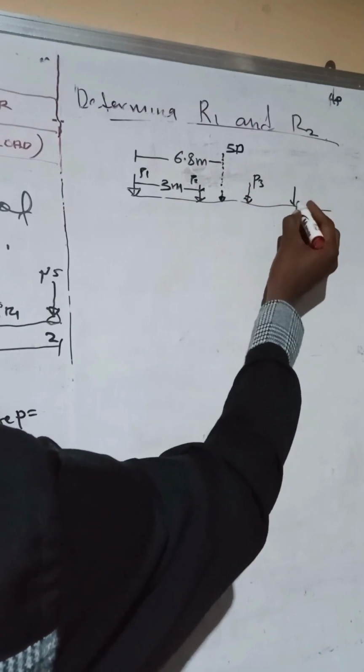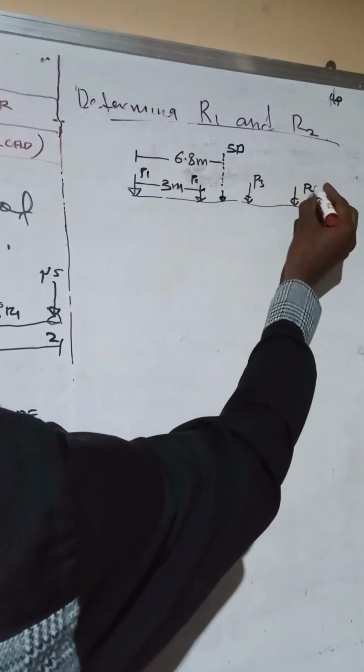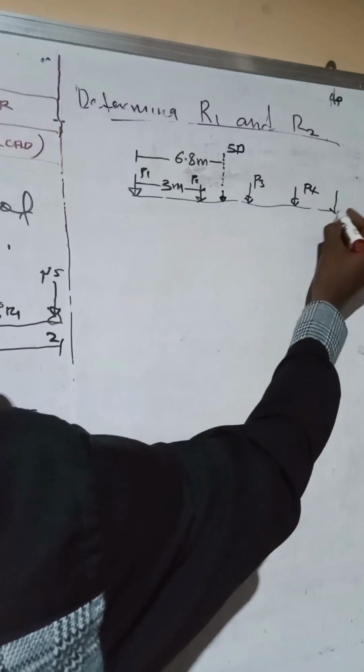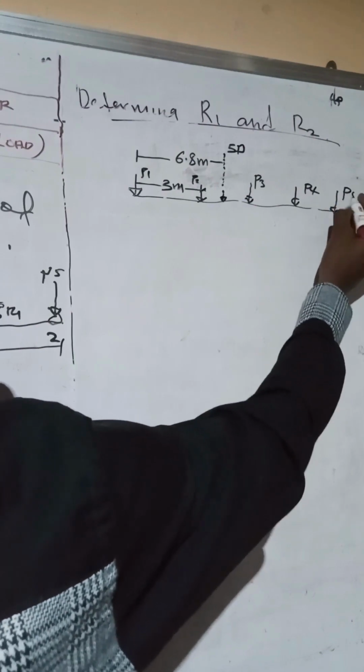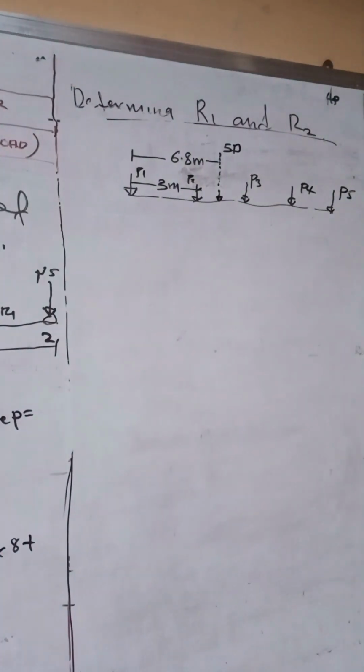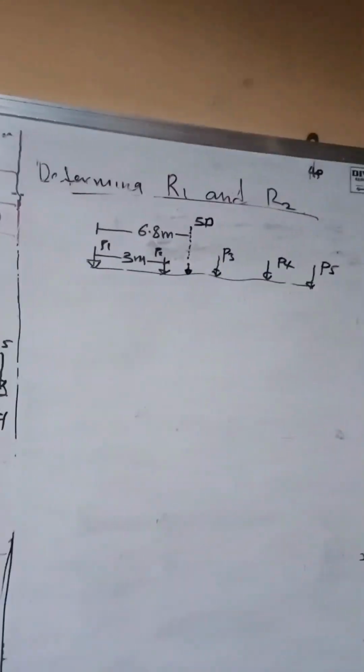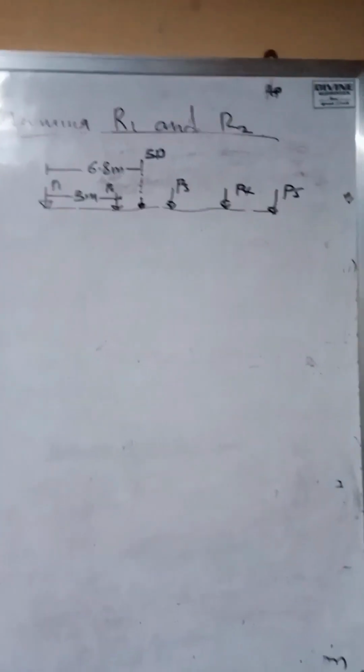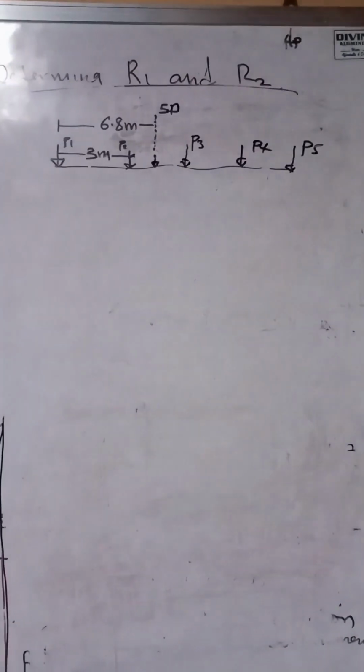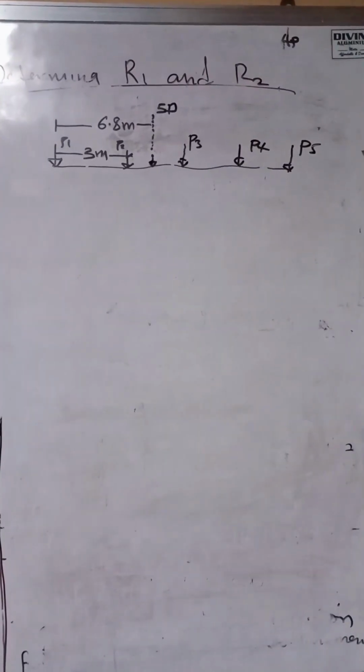We have P4, and the last of it is our P5. So when you look at it, you can see from this point that all the values are already stated here. We have P3. So now the resultant load is 5P.